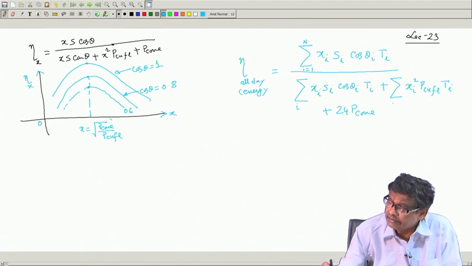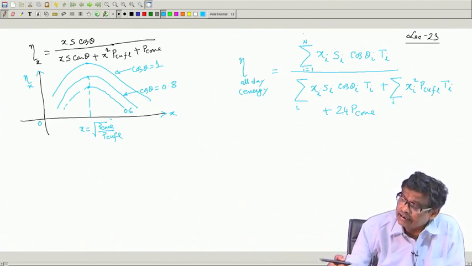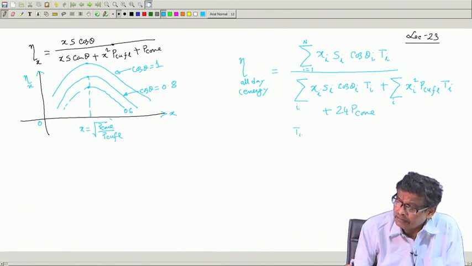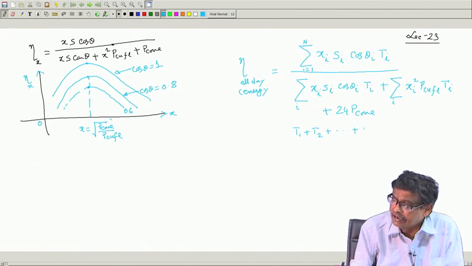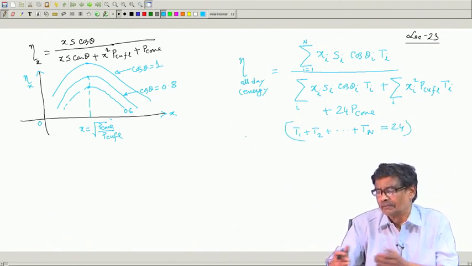This is summed over some n intervals such that T1 plus T2 plus dot dot dot plus Tn is equal to 24. Anyway, this complicated expression can be written in a compact form.